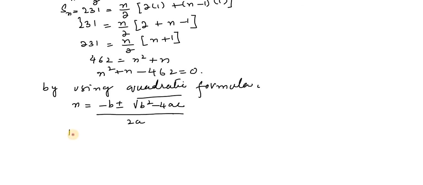Here the value of a is 1, the coefficient of n square, the value of b is also 1, the coefficient of n, and the value of c, the constant, is minus 462. After putting the values of a, b, c in the quadratic formula, we find the value of n. So the value of n is the number of marbles in the base of the triangle. You can find the number of marbles by yourself.